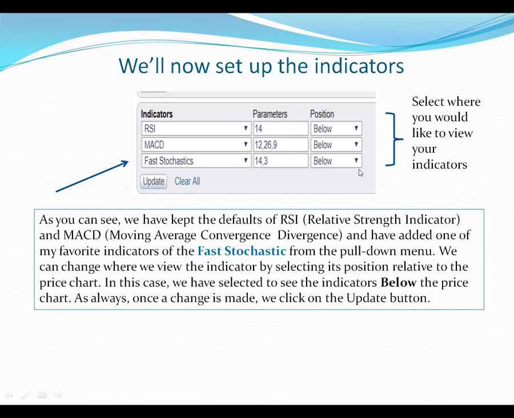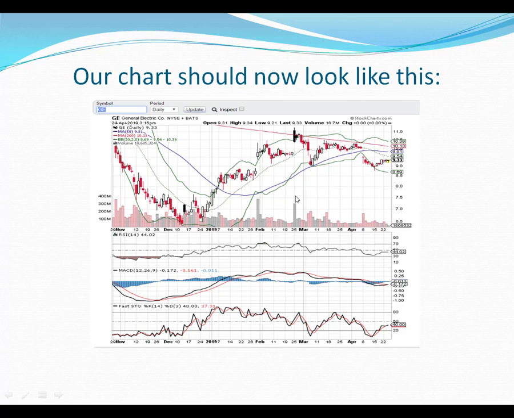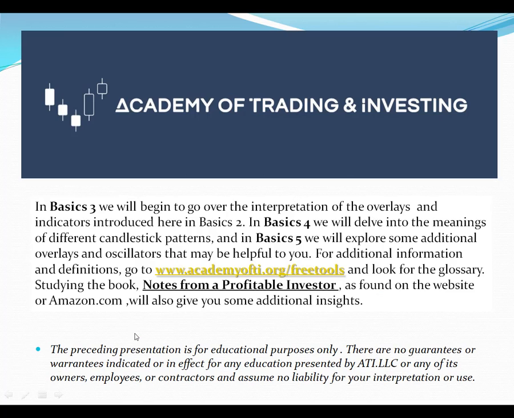We can also select where we want to see those indicators. In this case, I have chosen to see the indicators below our stock chart. When we're finished, a stock chart looks like this. We have our overlays here, and we have our oscillators, or our indicators, below. This is the RSI, this is the MACD, this is the fast stochastic.